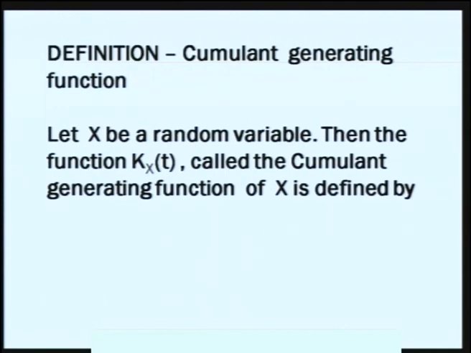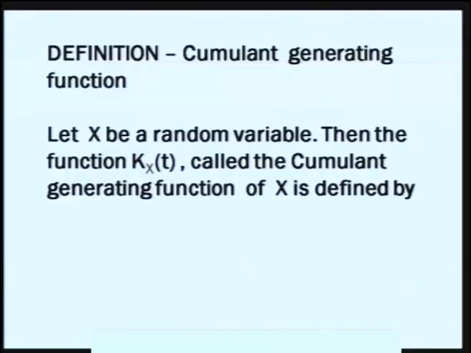It is in continuation with the functions we have already seen. We have already seen moment generating function and this is in continuation with the moment generating function. We have the definition of cumulant generating function. Let x be a random variable, then the cumulant generating function K x of t is defined as K x of t is equal to log to the base e of M x of t.